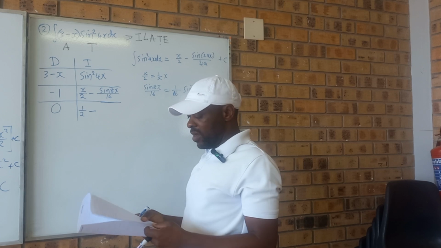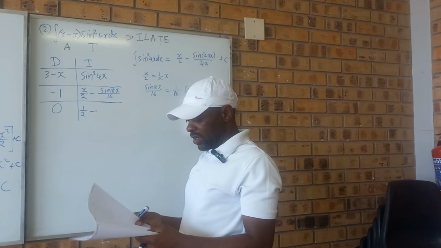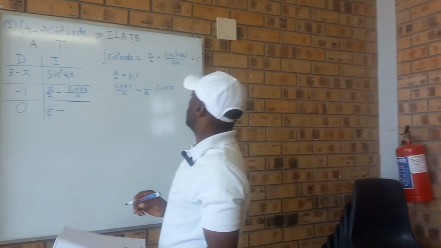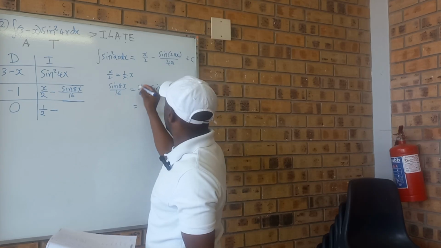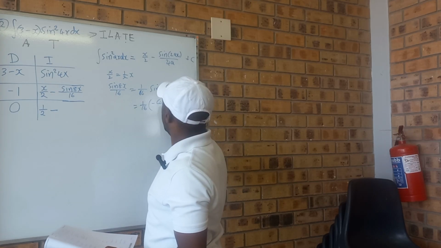The integral of sine 8x is on page 2 of the formula sheet. When I integrate sine 8x, it gives me negative cos 8x over a.